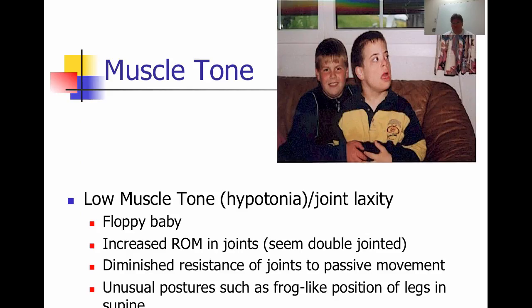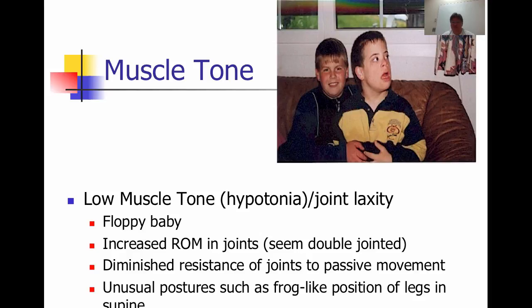One of the most visible characteristics of Down syndrome children is their muscle tone. They have low muscle tone, which is known as hypotonia, and they also have tremendous flexibility or joint laxity. These children are often referred to as floppy babies because of this joint laxity.